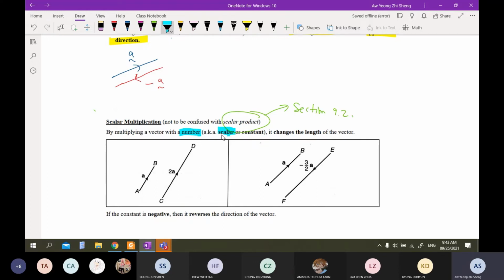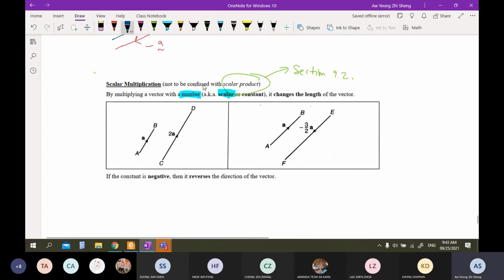Scalar is just a more fancy name for number. So this number 2 here, in front of the A, will be known as a scalar. It's just a usual number.